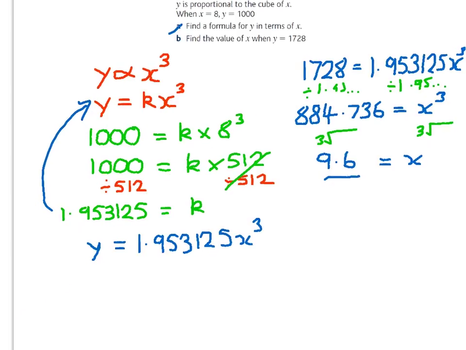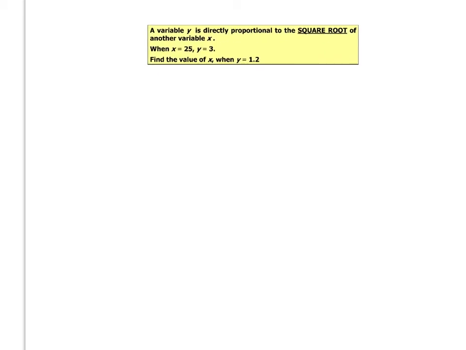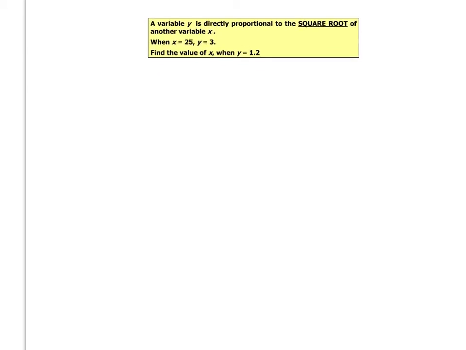One more question, then you can have a go at some of those. A variable y is directly proportional to the square root of another variable x. So y is proportional to the square root of x. Again, if that's true, y must be equal to some number k multiplied by the square root of x.